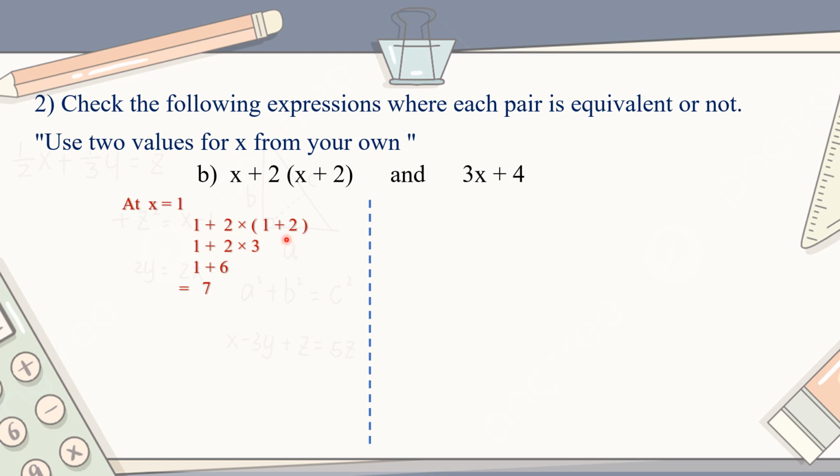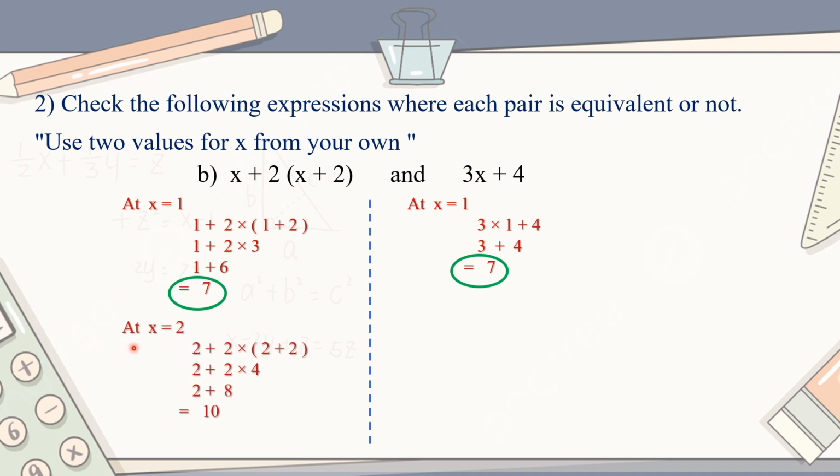We get the value of the parentheses first: 1 plus 2 equals 3, and then 1 plus 2 times 3. 2 times 3 equals 6, and then 1 plus 6 equals 7. In the other expression, at x equals 1, 3 times 1 plus 4: 3 times 1 is 3, plus 4 equals 7. We have the same values here.